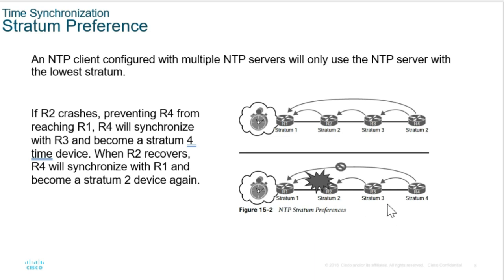Between stratum 1 and stratum 3, now that stratum 1 is unavailable, the next reference clock will be stratum 3. So now the stratum level of router 4 has changed. Previously, since it was directly referring to router 1, its stratum was 2. But now that it is referring to router 3, whose stratum number is 3, it will be stratum 4.